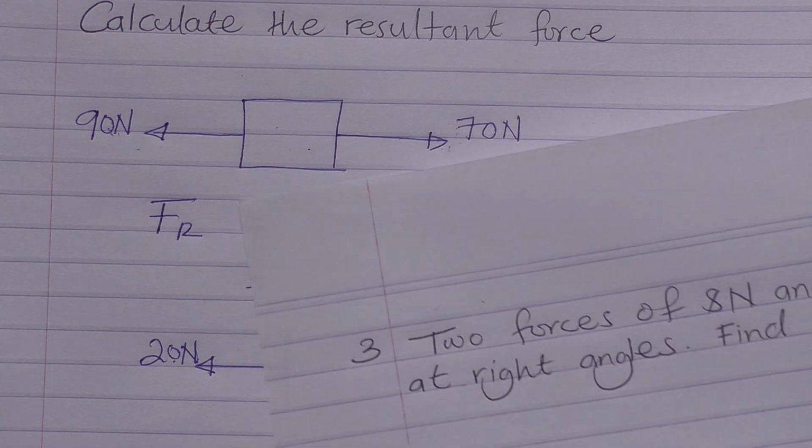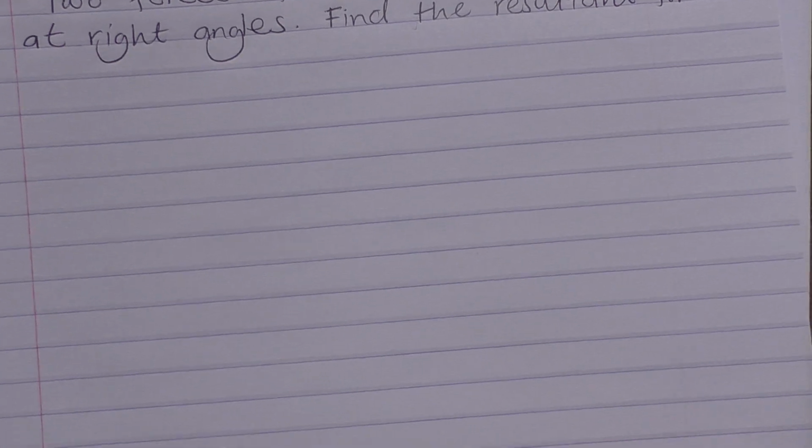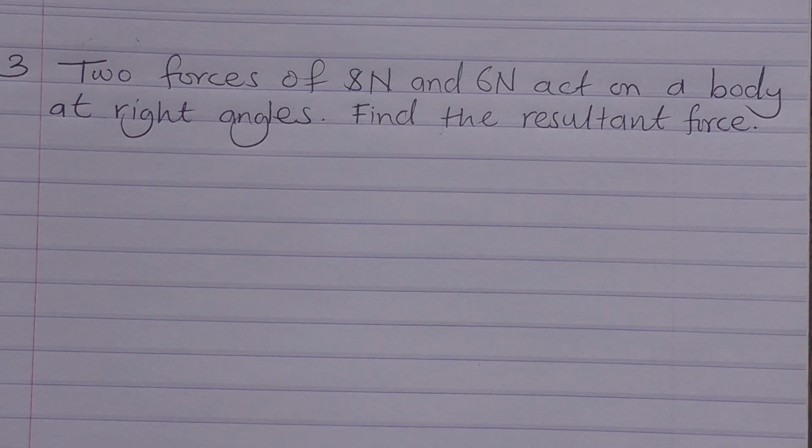We have our third example, which shows two forces of 8 and 6 newtons acting on a body at right angles. They want us to find the resultant force.